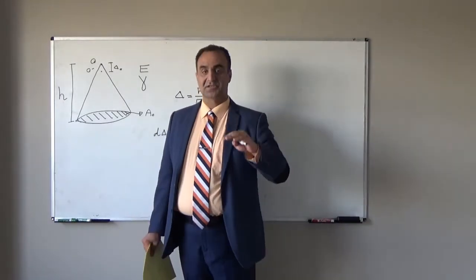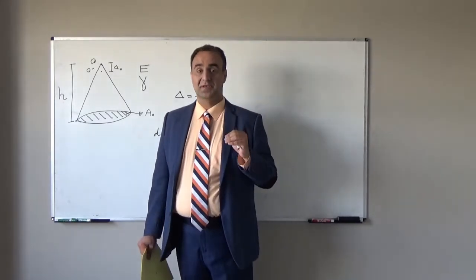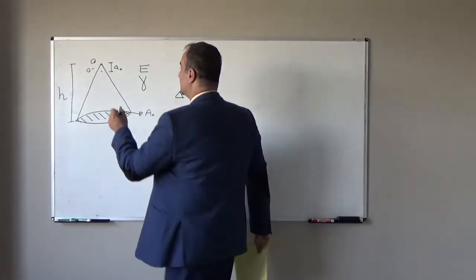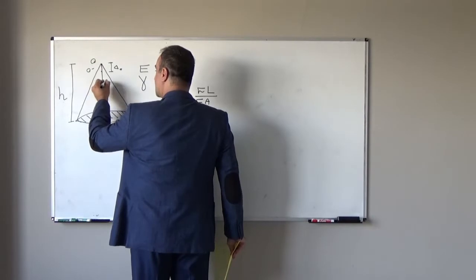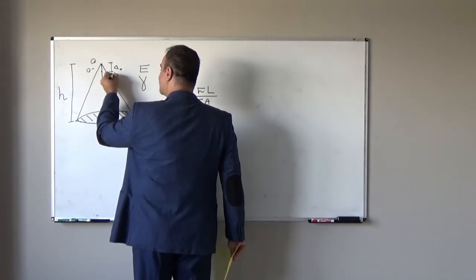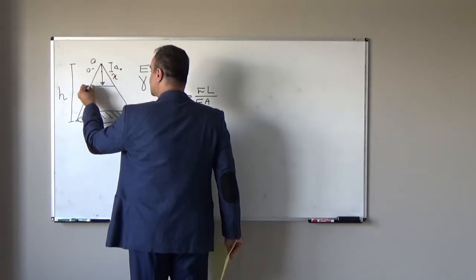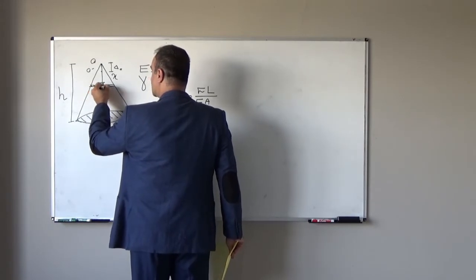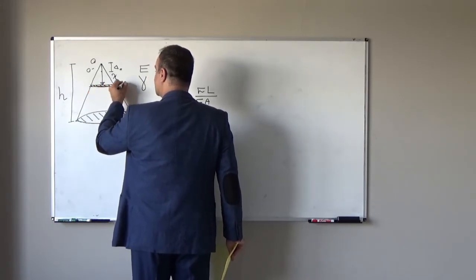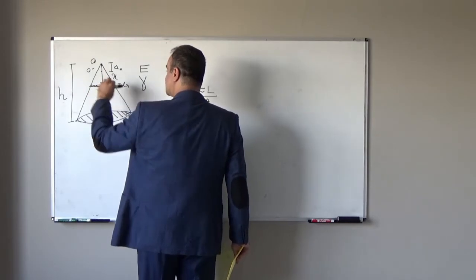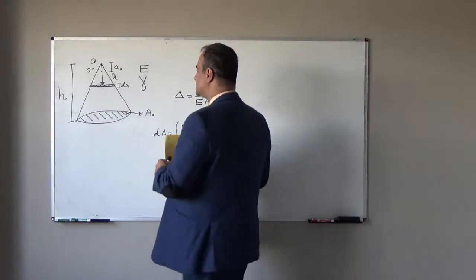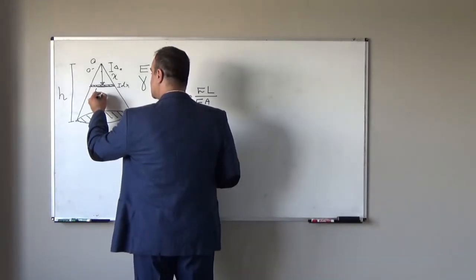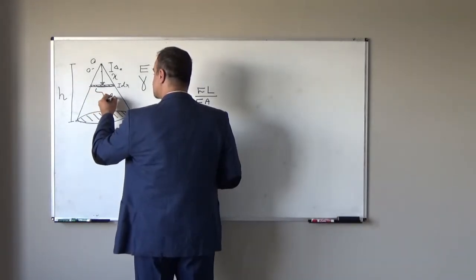In any location we cut and draw a free body diagram. Assume from point O, I move down. How much will I move down? X. I cut here and I assume this is dx. This is a small differential length. Cross-sectional area, I assume here it is Ax.